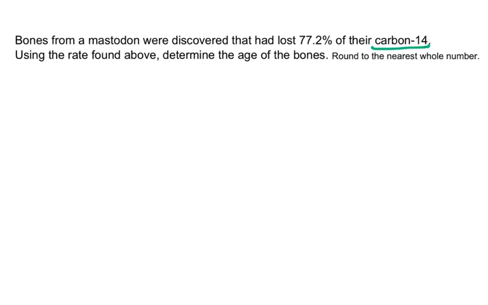It has a half-life of 5,750 years, and the rate is 0.00012. And because this problem is dealing with decay, we're going to need to use a negative rate in the problem.